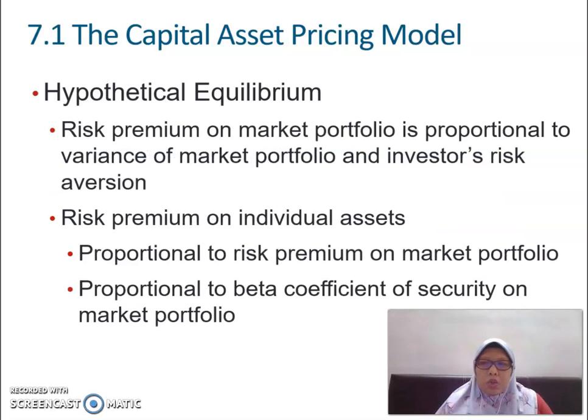We also assume the risk premium on that portfolio is proportionate to not only market risk but also investors' aversion, or investors' bravery level. While the risk premium on an individual asset, we assume, is proportionate to the market risk premium and suitable to market risk.